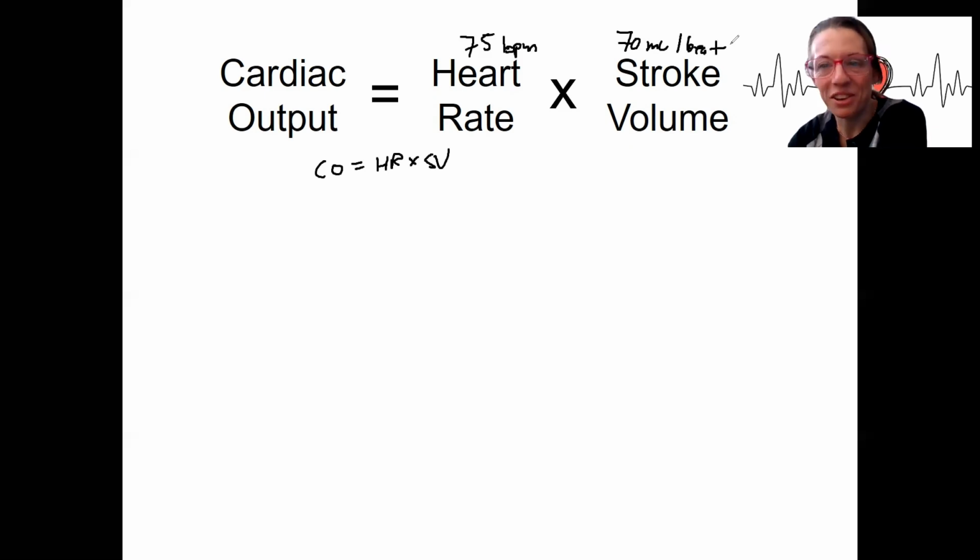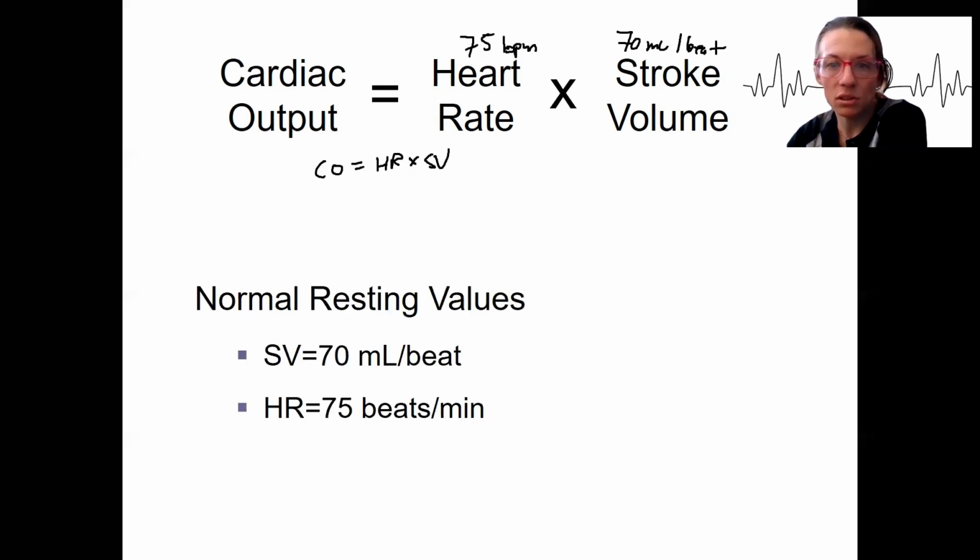These both are going to vary depending on what you're doing. And that's important. We want to be able to have cardiac output change, and your heart rate changes when you exercise. So does stroke volume. So therefore, so does cardiac output. So this individual, normal resting values, what's their cardiac output?